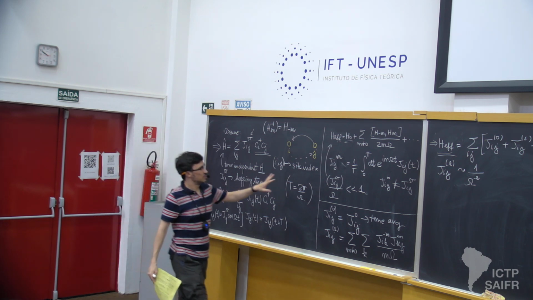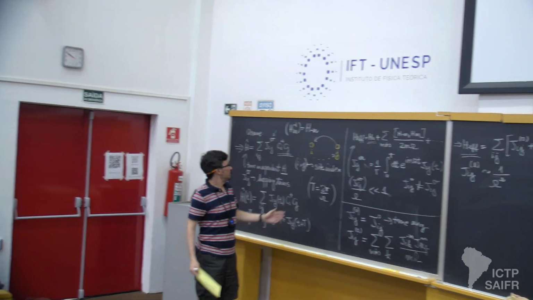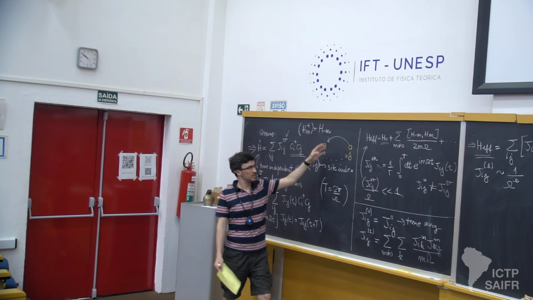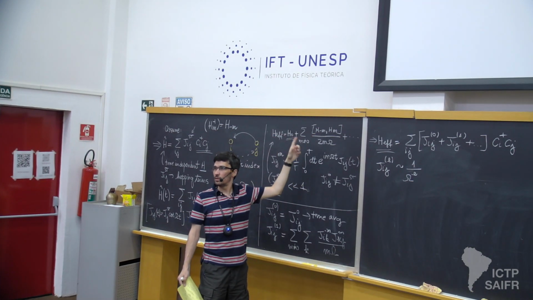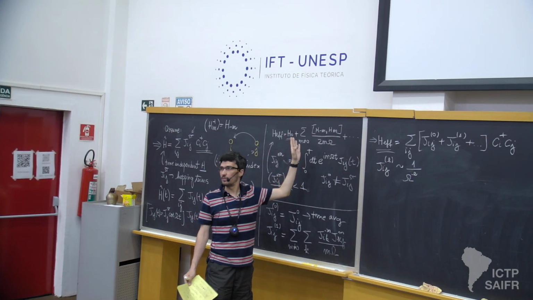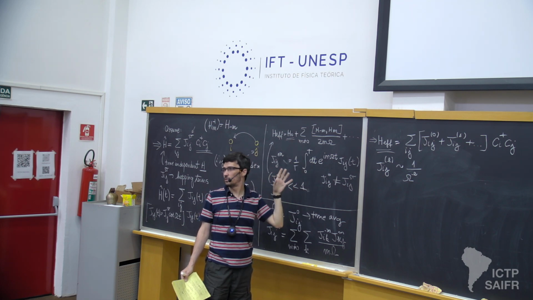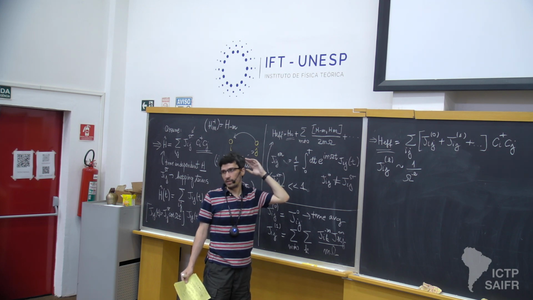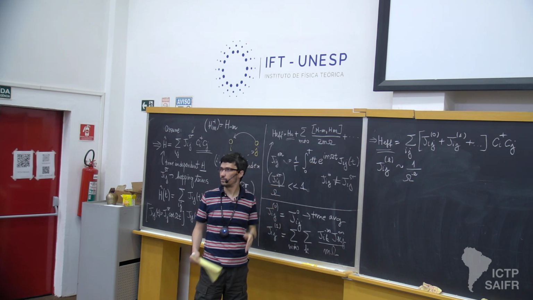This term has to be Hermitian. I think if you take the dagger and use this property, you should get the same thing. You open up this commutator, it's going to have two terms, take the dagger, and then maybe you're going to take m to minus m or something like this. We can discuss during the coffee break. That's right, you can make m to minus m if necessary, and then it should be Hermitian.